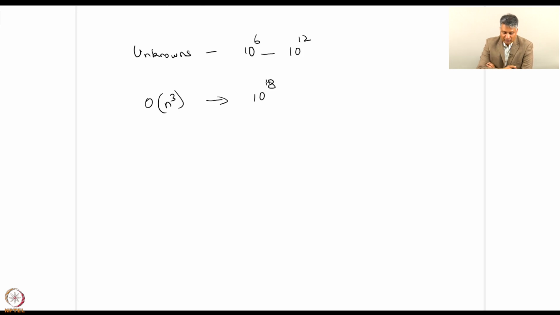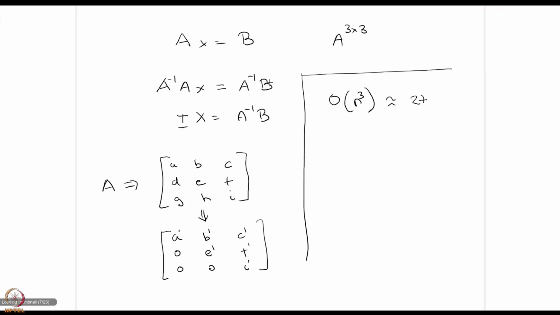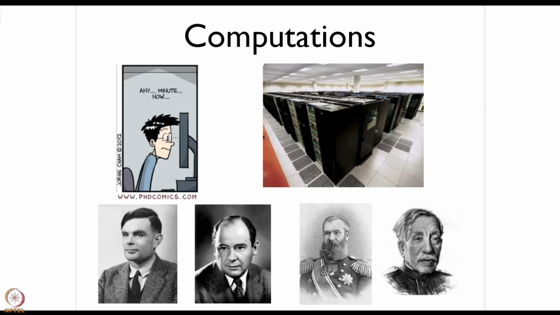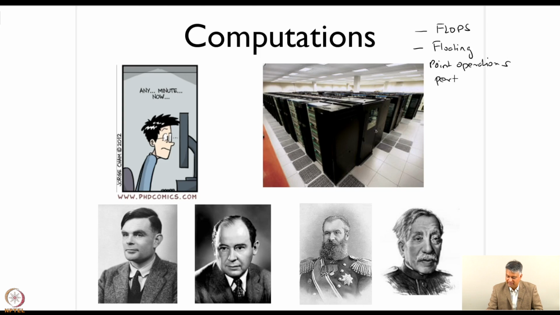Now, the power of these supercomputers is measured using a unit called flops, which stands for floating point operations per second. Now, one floating point operation is one algebraic operation, which could be addition, multiplication, subtraction, or a division.